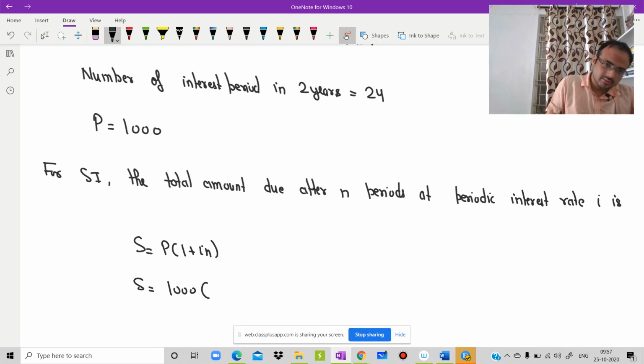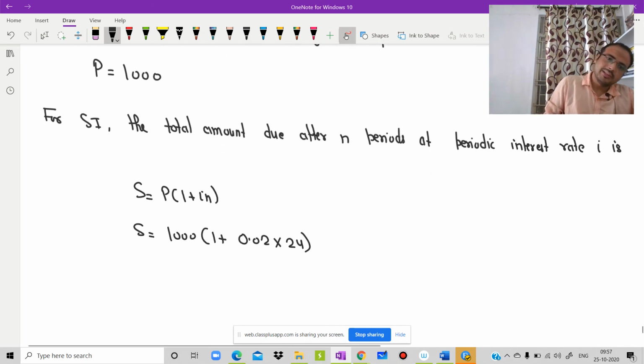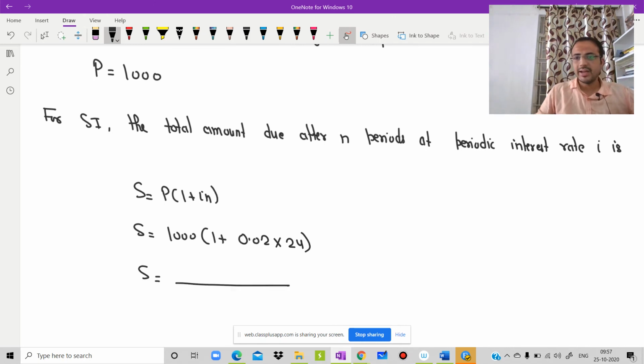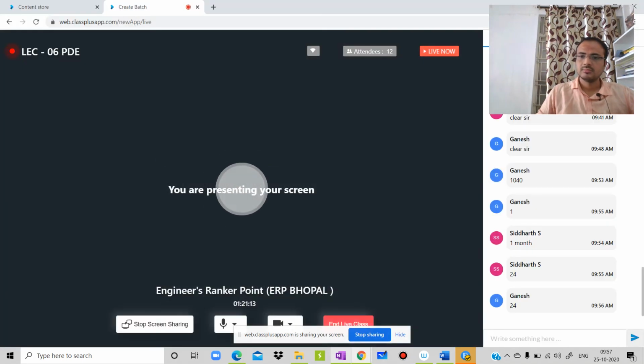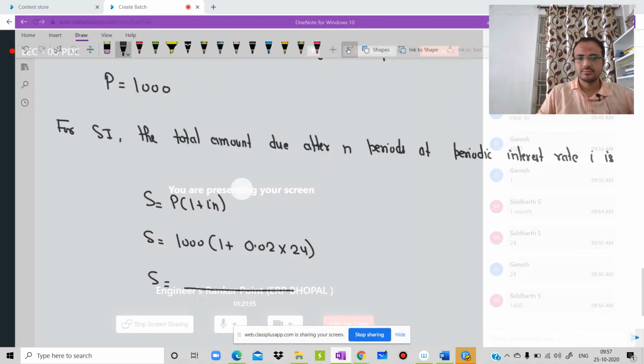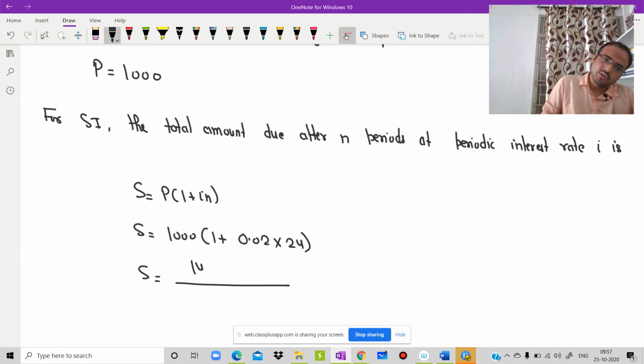Principal is 1000, I is 0.02, n is 24. So please tell me the answer. Now Ganesh, tell me the right answer. Very good. 1480 rupees is the correct answer. You need to think like that. Again, a very fundamental question.